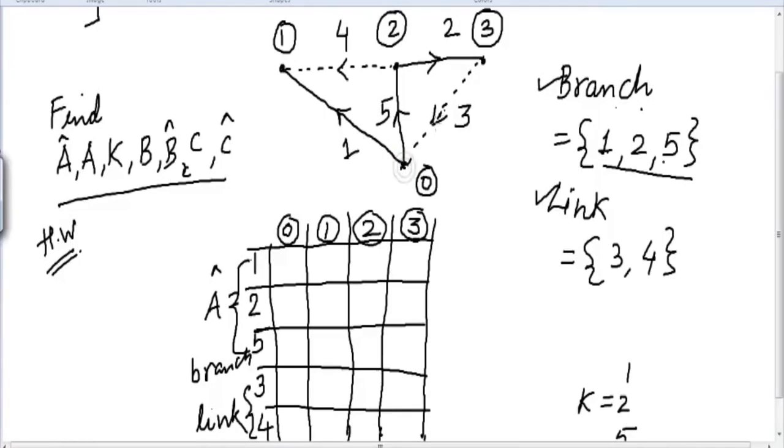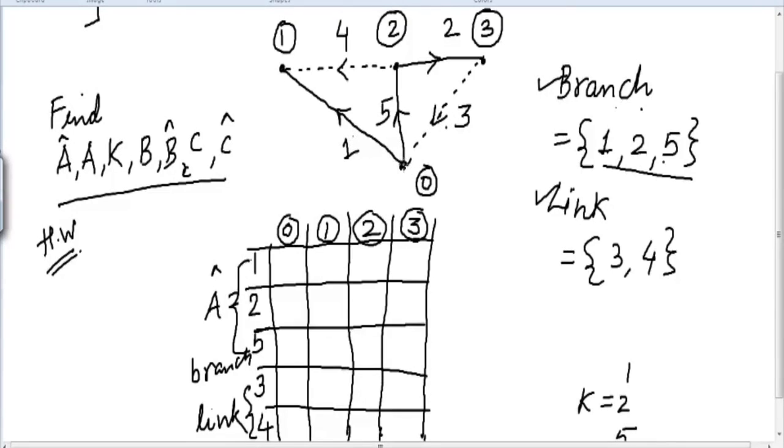So this is node number 0. In this node, we need to check what is outgoing and what is incoming, and how many elements are incident over this particular node. The elements that are incident are 1, 5 and 3.